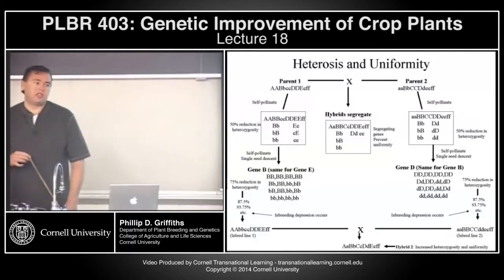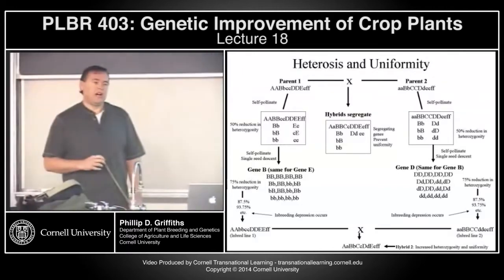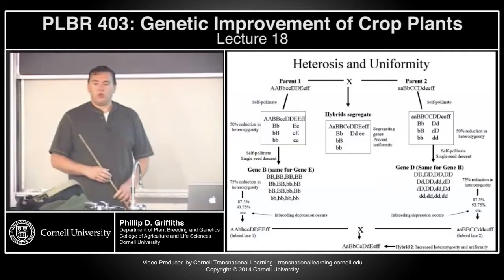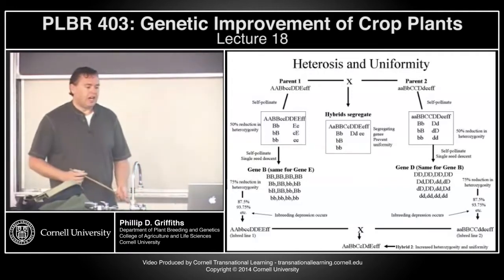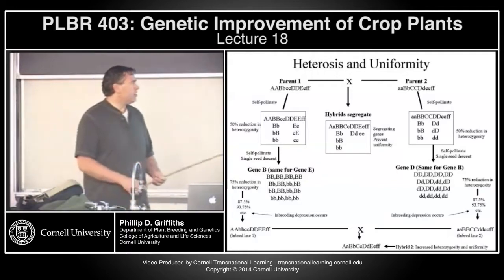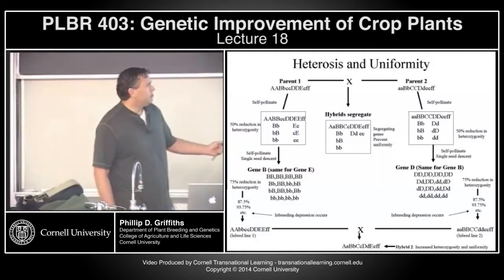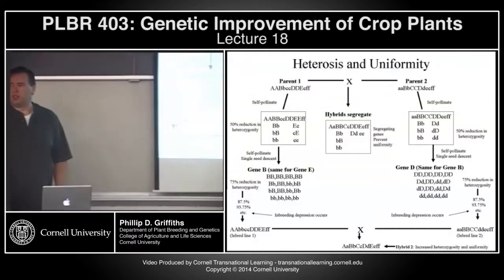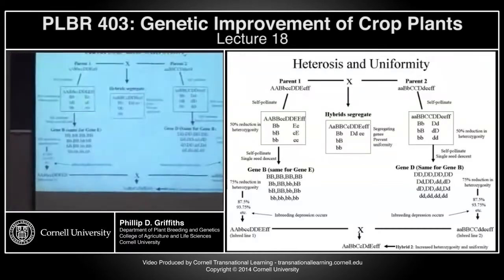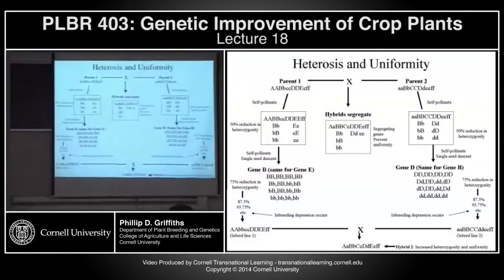So how does this heterozygosity work to produce a more vigorous hybrid? This is a relatively complicated slide, which I have handouts of at the back, and I'm sure you'll have a chance to look through it.